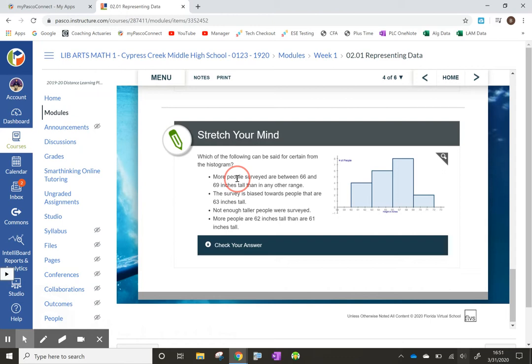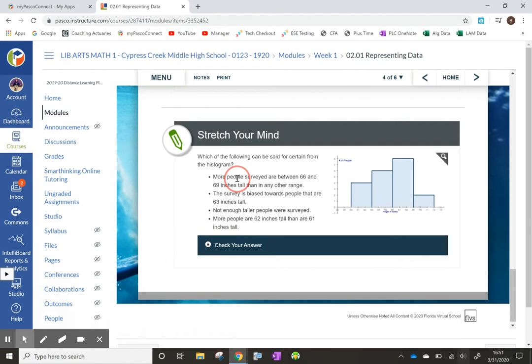The survey is biased towards people that are 63 inches tall. I don't see how that would be true. Not enough taller people were surveyed. Well, it's not really up to us to determine that. I mean, these surveys are done at random. So if not enough tall people were surveyed, it's because we don't pile a bunch of tall people in a room together, right?